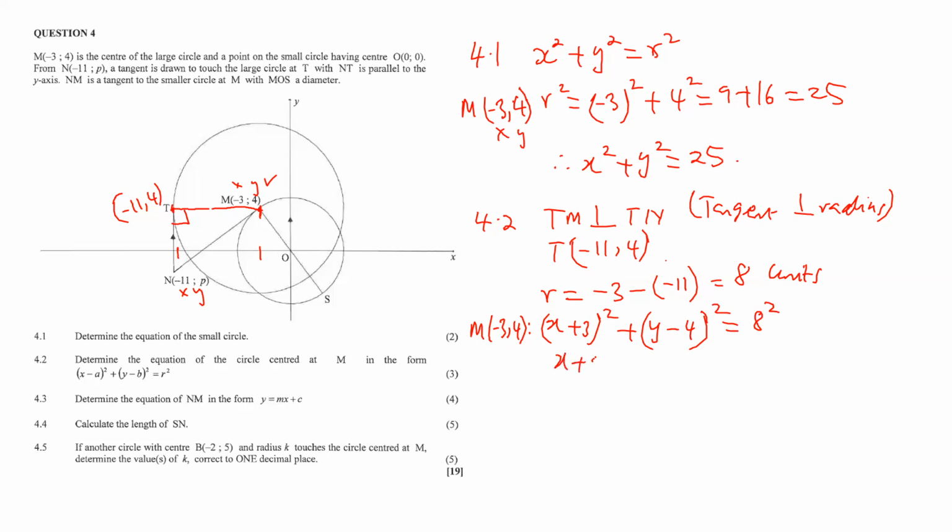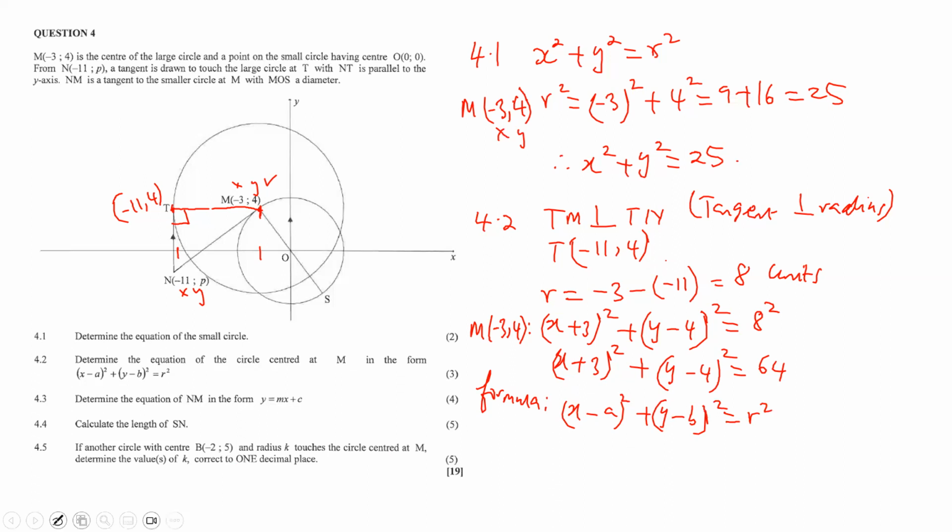So this is exactly x plus 3 squared plus y minus 4 squared, and the result is 64. That is the case. And obviously, we note that we used a formula here. The formula we used is x minus a squared plus y minus b squared is the radius squared. Okay, that is the formula we used there.